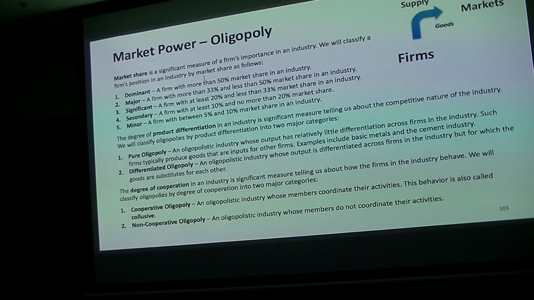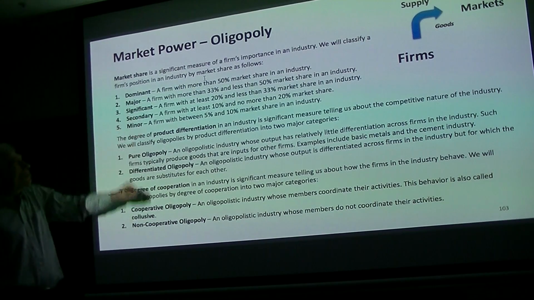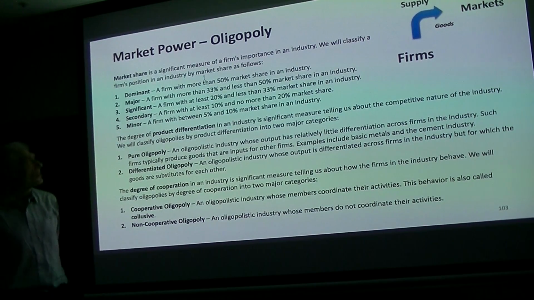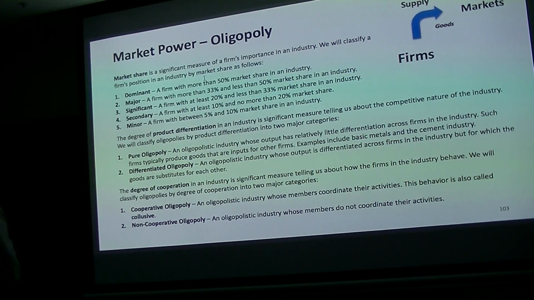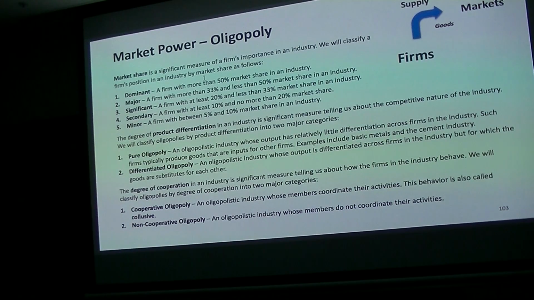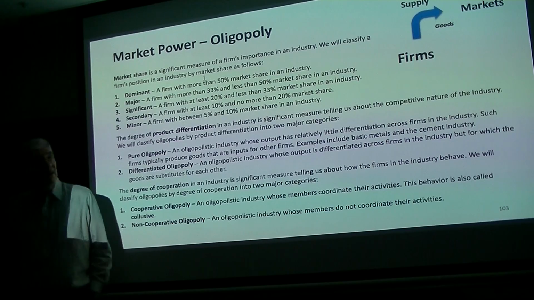I'm saying that a major firm is one that has more than 33 and less than 50% market share. Any firm that has more than a third market share is pretty important, up to 50%. You can't miss a firm like that. It's pretty close to dominant, not quite, because if you're going to be dominant, we'll want you to have a majority of the share.